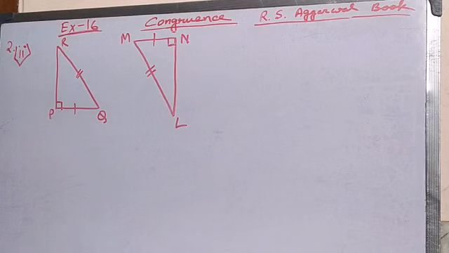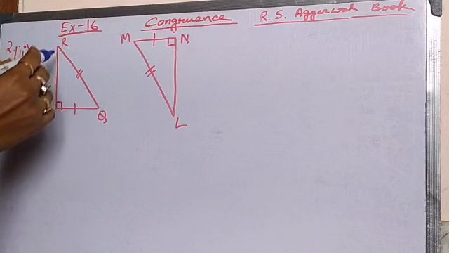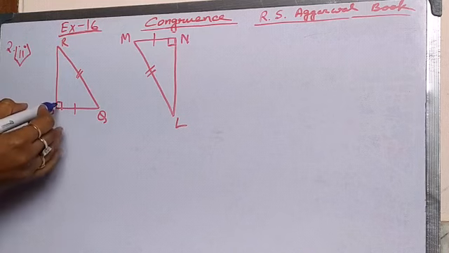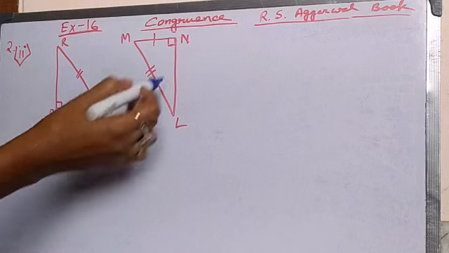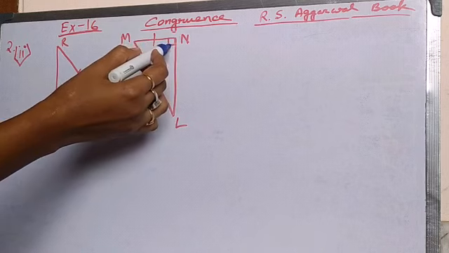This is question number 2. Under 2, here two figures are given. Here we have to state the property of the congruence and the name of the congruent triangles. First I am writing the name of the congruent triangles. At the point P a 90-degree angle is formed, and at the point N a 90-degree angle is formed.